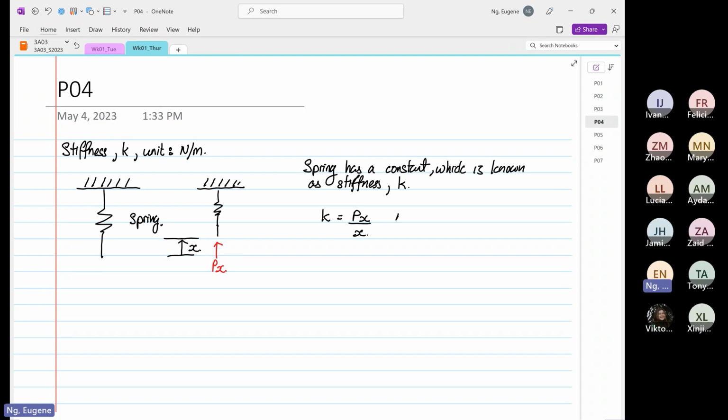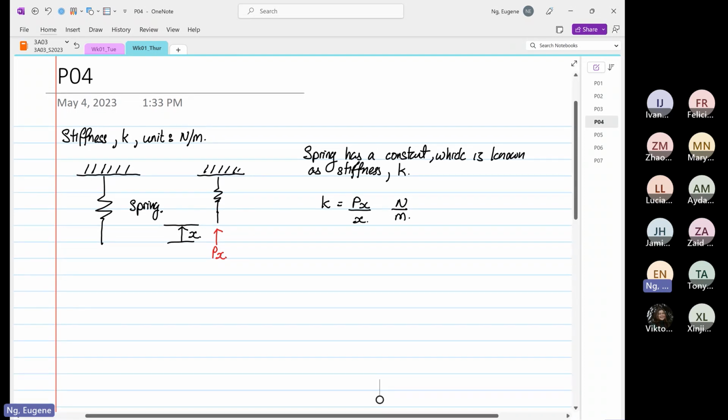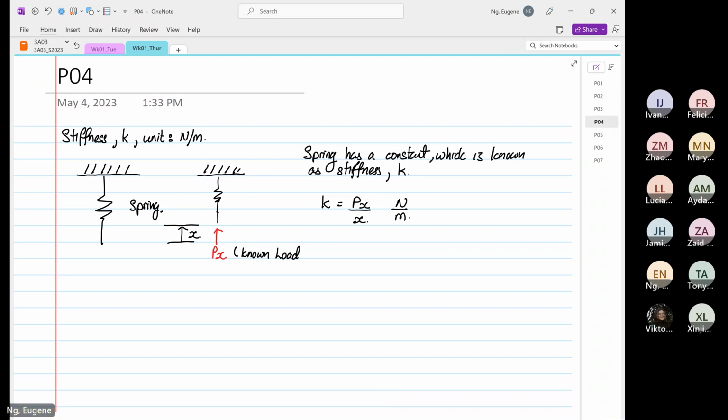So this is Newton per meter. When you carry out this experiment, I believe you have done this in high school before. You put a known load on the spring, and then you measure the distance moved.